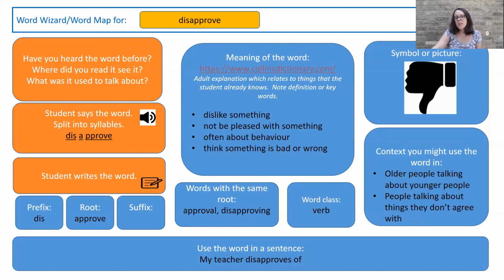But your sentence starter could be anything where it gives them a chance to think of their own ideas to make their own sentence. So it might be, my teacher disapproves of students interrupting her when she's speaking. My parents disapprove of. So help the students to create their own sentence which has meaning for them.